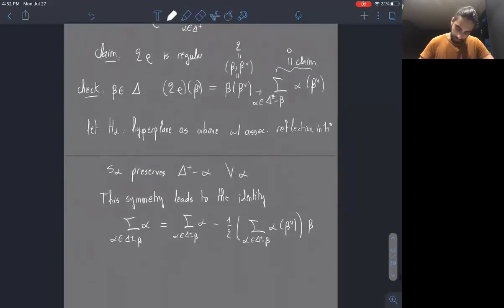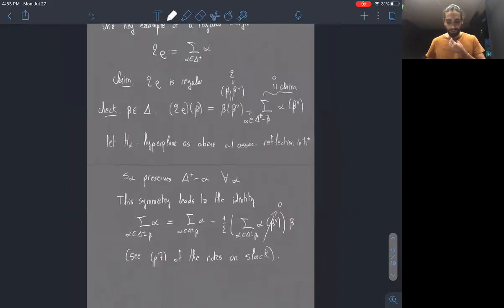And so this must vanish. And for more, see page 7 of the notes on Slack. So this gives us a regular weight, 2 row.